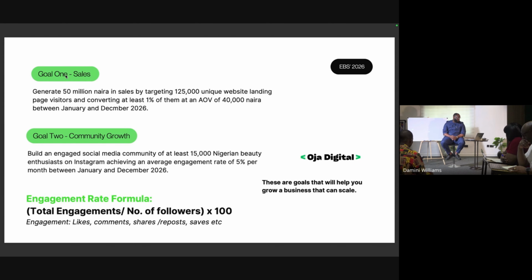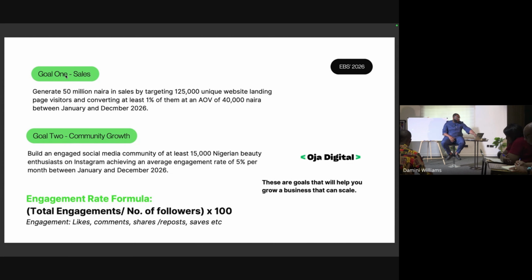Then for community, this is also very interesting because you want to build and engage social media community of at least 15,000 Nigerian beauty enthusiasts. So now the reason why I've added that Nigerian beauty enthusiast is because in this example, it's a business that targets beauty influencers, enthusiasts, lovers. I would have said women, but nowadays even men are into beauty. So I don't want to step on any toes.